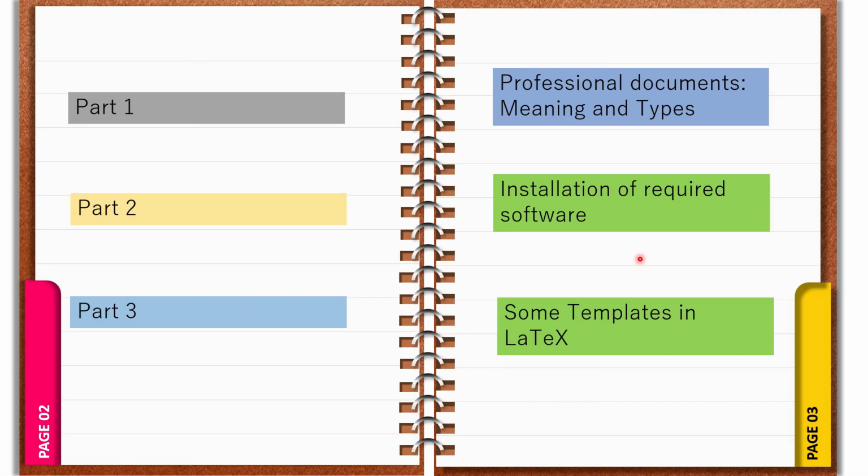In this session, we are going to learn the professional document meaning and types in part 1. In part 2, the installation required, which software we have to install. And in part 3, we'll see some LaTeX templates which we are going to use.